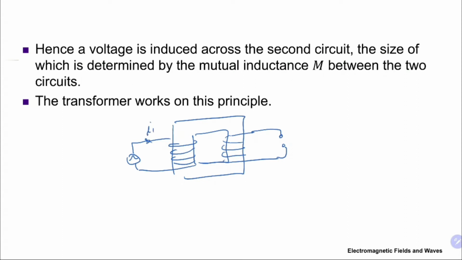This current I1 changing causes a flux around the core of the transformer, and this flux change gives rise to a voltage induced at the other side of your transformer. Okay, so that is the principle of this. So change the number of turns, that changes M. Change the materials of the transformer core, that also changes M. So change the mutual inductance between the two circuits.